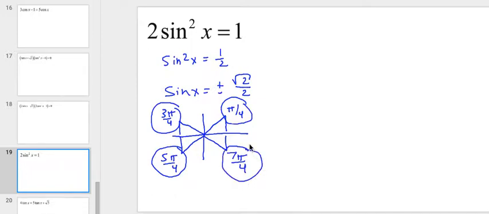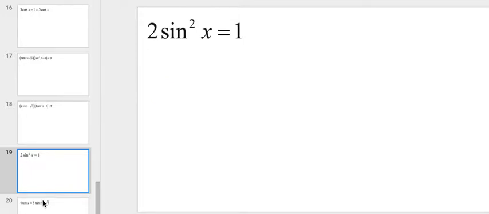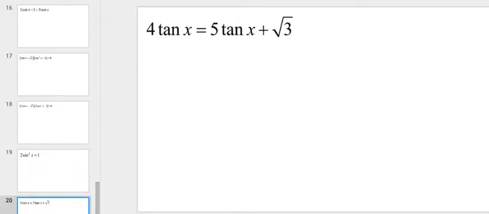Okay, so we only have one more problem to do, number 20. So number 20, we've got 4 tan x equals 5 tan x plus root 3. So I'm going to subtract 4 tan x from both sides, leaving me with 1 tan x on the right side, and I'm going to move this root 3 to the left side. So now you just need to know, when does tangent of x equal negative root 3?